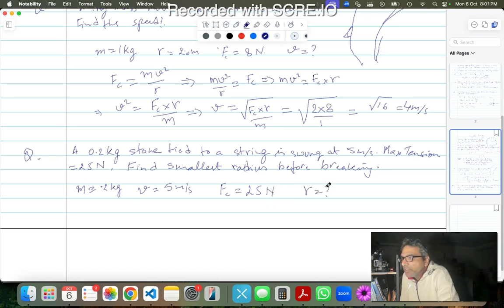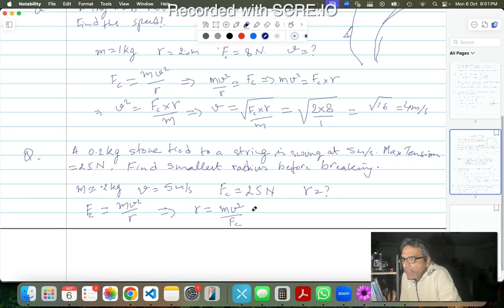R. So the formula says F equals mv square over R, which, if we rearrange Fc and R, gives us R equals mv square over Fc.